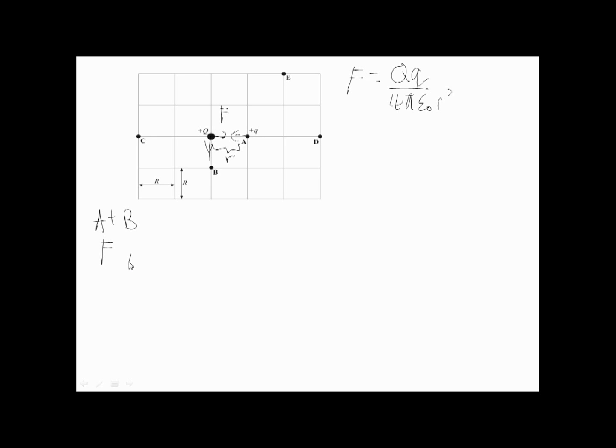So the force is F. The only difference is the direction, but now we don't consider the direction, we just consider the magnitude. So the force is the same because the distance is the same.